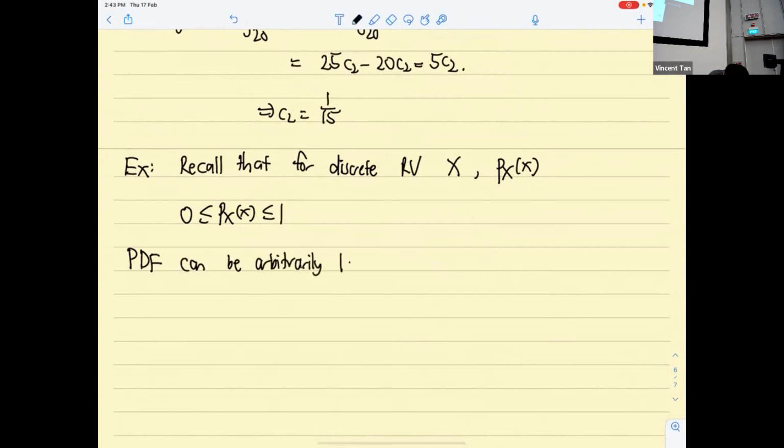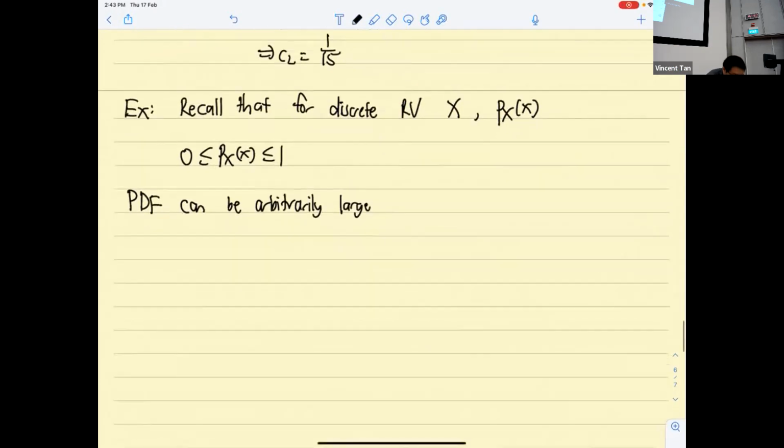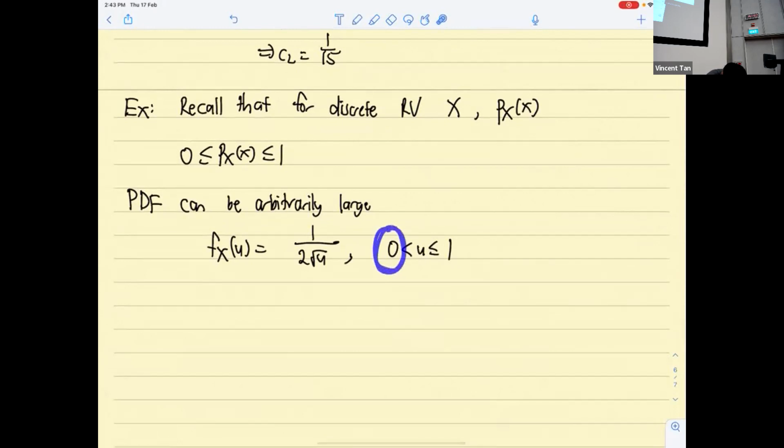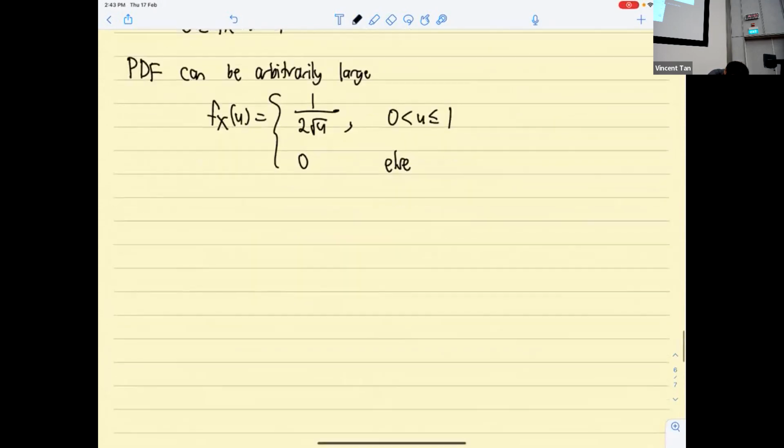Okay, so now let us look at this particular example. f_X(u) is equal to 1 over 2 square root of u, excluding 0, including 1. This is quite important because PDFs cannot be infinite. If I exclude 0, none of these numbers is infinite. 0 else.